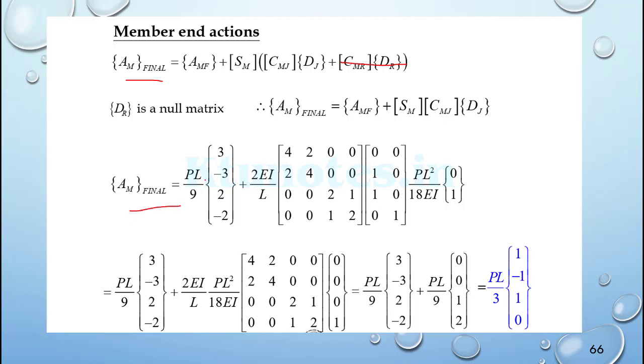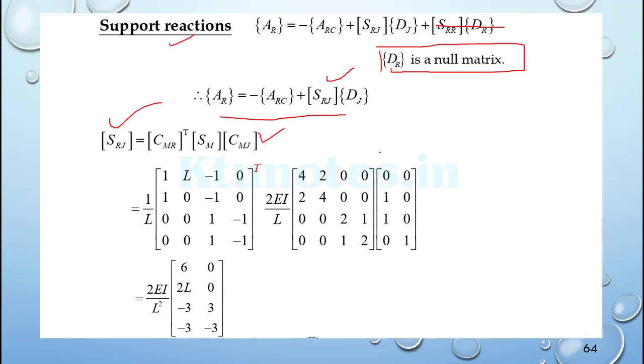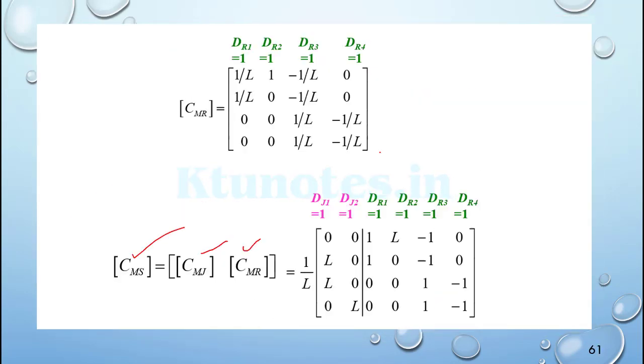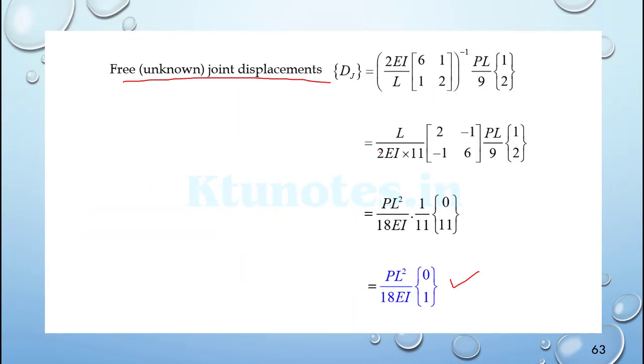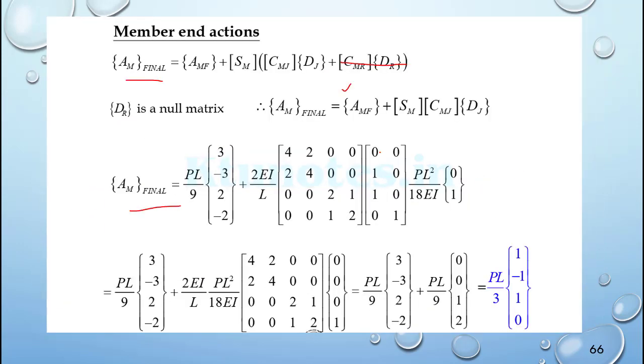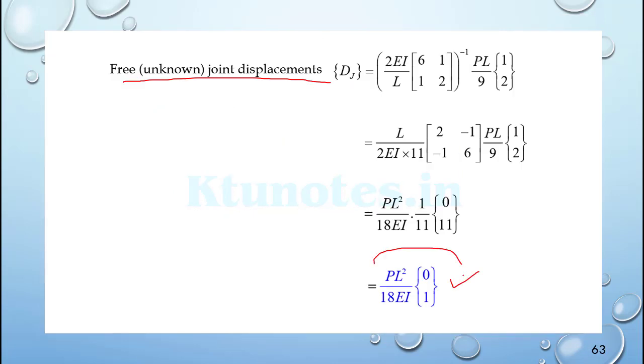So AM final is equal to PL by 9 into 3, minus 3, 2, minus 2, which is the AMF value which you have found previously, plus 2 EA by L into the SM matrix into the CMJ matrix into the DJ matrix, which we have found in the previous slide.